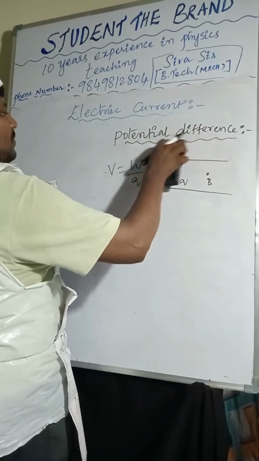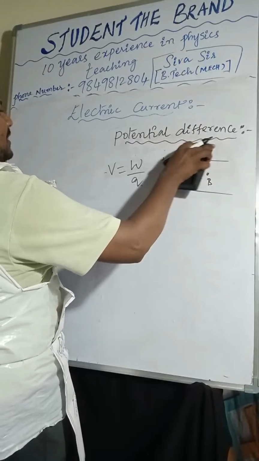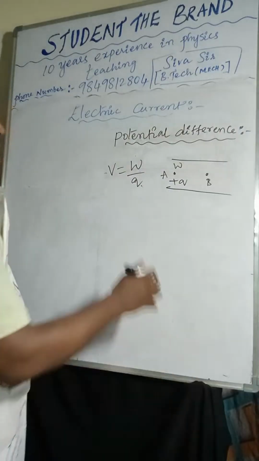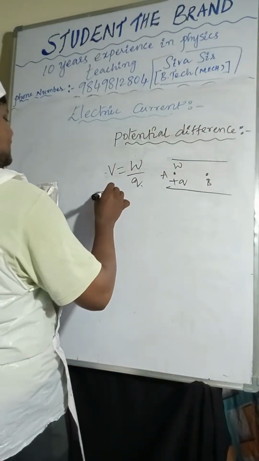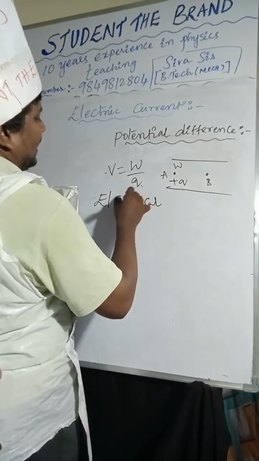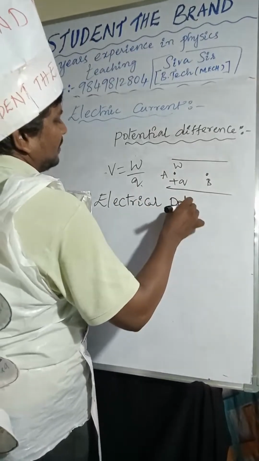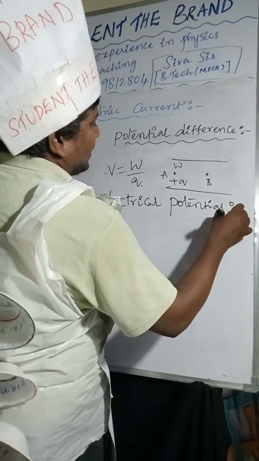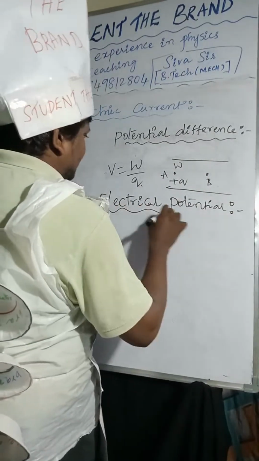Now we are going to one more, electrical potential. So what is electrical potential? Electrical potential is work done to bring unit positive charge.